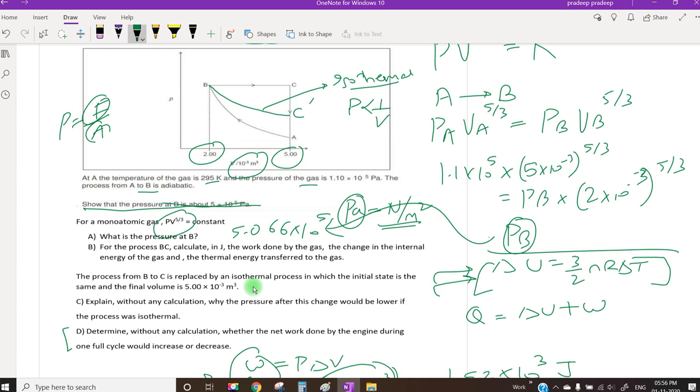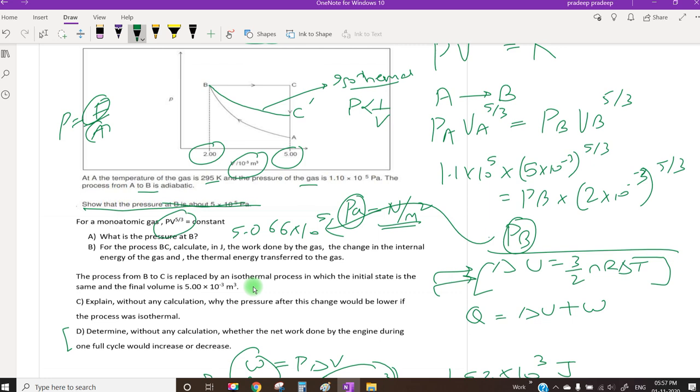Somil, you're taking B and A, you're not taking B and C for part C. Part C is asking why the pressure would be lower between B and C, not B and A. Is that the error, Somil? Oh yeah, you are right. I was considering BA instead of BC. No, no. It is BC. See, the BC graph has been changed to an isothermal one.